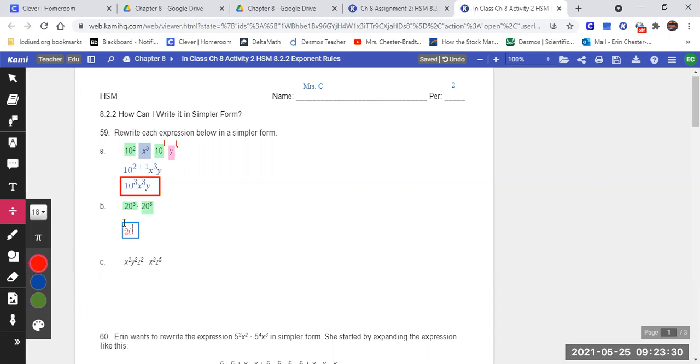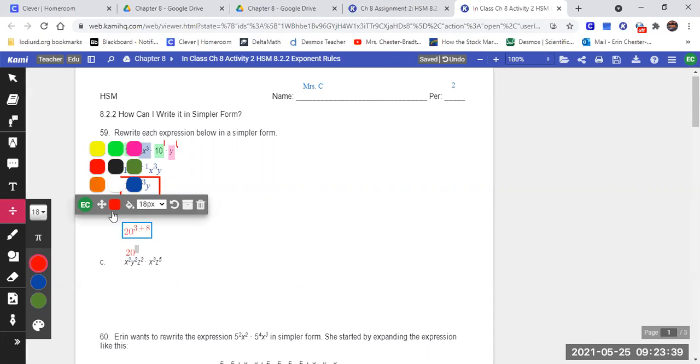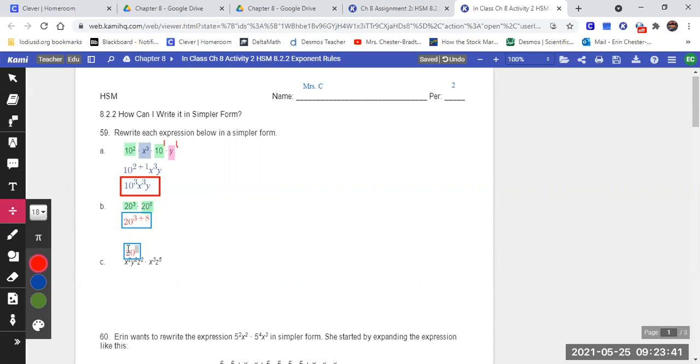20 to the 3 plus 8. Next line down, simplified up. What is it going to be? 20 to the what? Do the math. What do we get? 11.